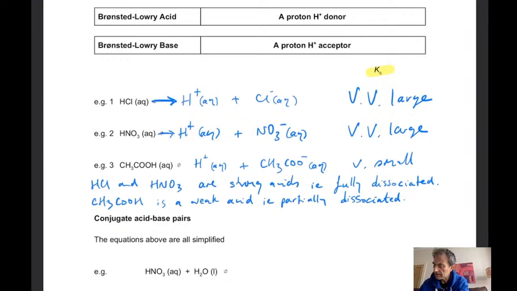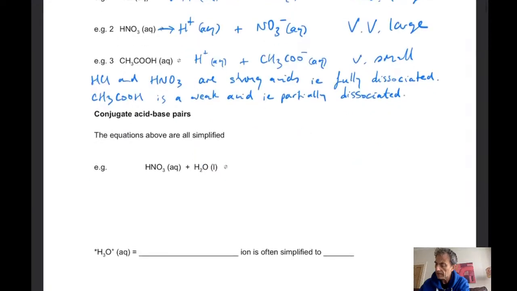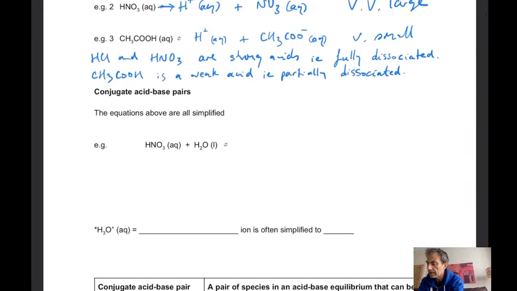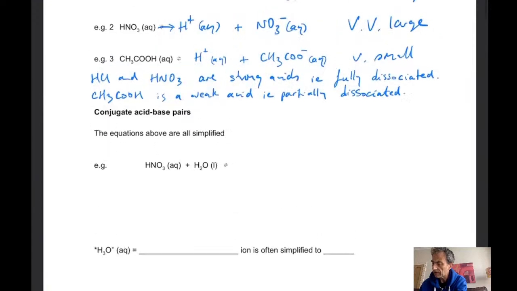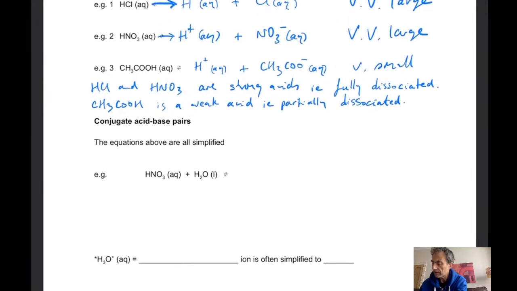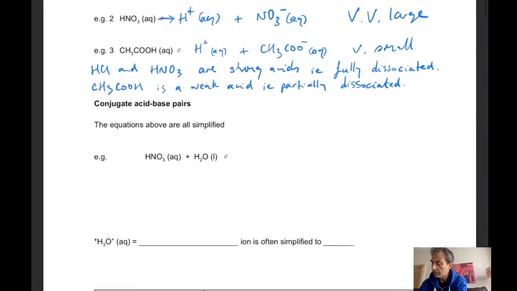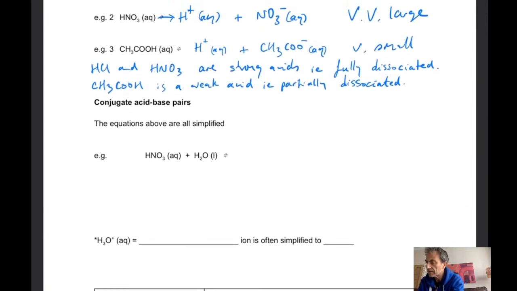Right, so the next little thing here is we're going to introduce this term conjugate acid-base pairs. So the first thing I'm going to say is the equations above are all simplified. Those three equations for the hydrochloric, the nitric and the ethanoic acid, there's nothing wrong with them, but they've actually been simplified.